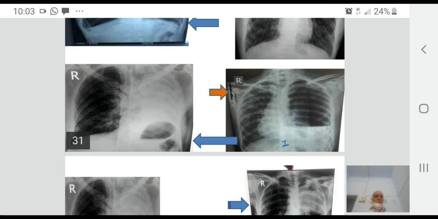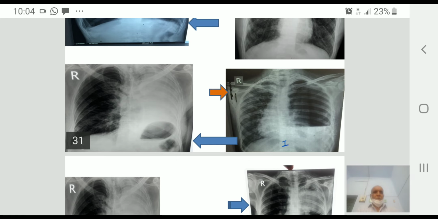Small red arrow X-ray shows air fluid level with obliteration of the left CP angle and non-visualization of the left dome of diaphragm. And X-ray with the blue arrow with radio dense opacity and elevation of the dome of diaphragm.